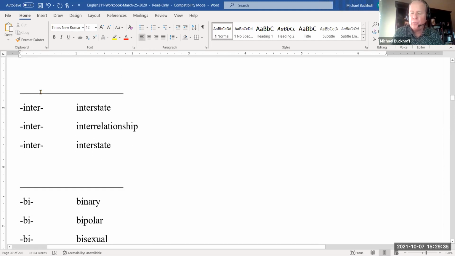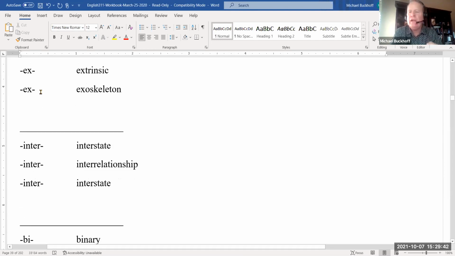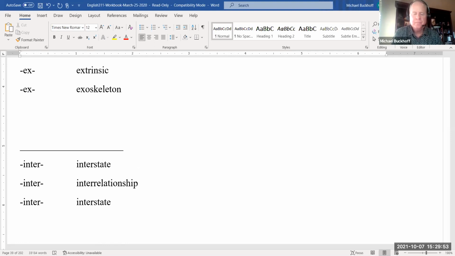Interstate, interrelationship. I don't know why I put this twice. Don't even ask me. But what does Interstate 15 mean, and how is it different from a highway? I'm thinking maybe between.